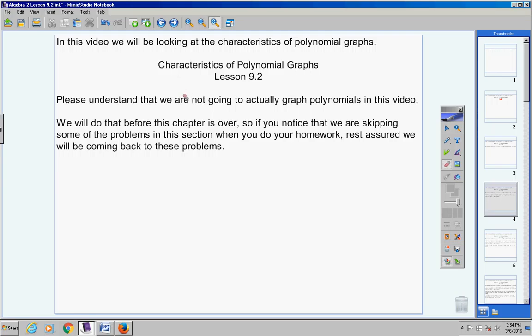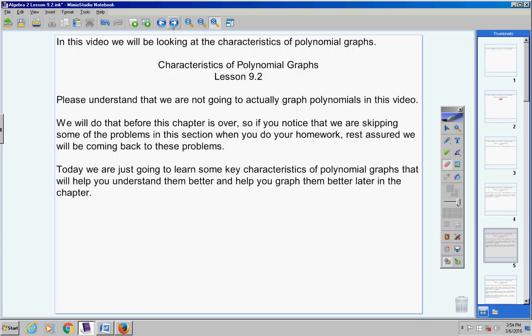If you notice that we are skipping some of the problems in this section when you do your homework, rest assured we are going to come back to these problems. Today we are just going to learn some key characteristics of polynomial graphs that will help you understand them better and graph them better later on in the chapter.